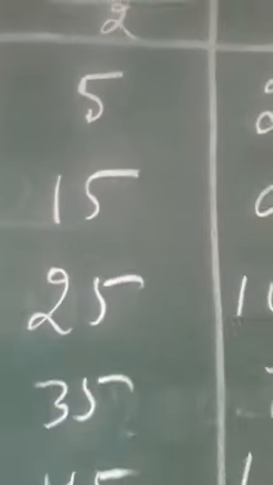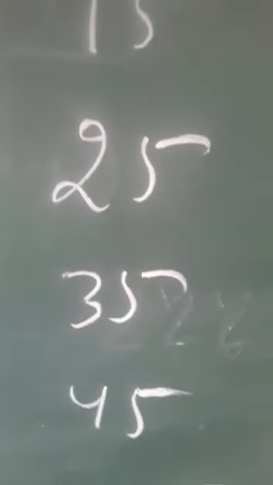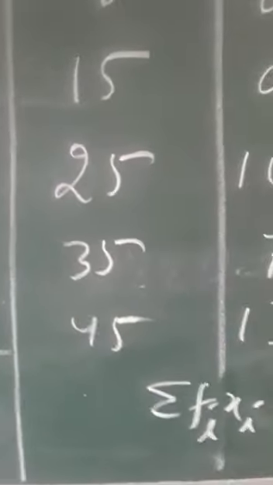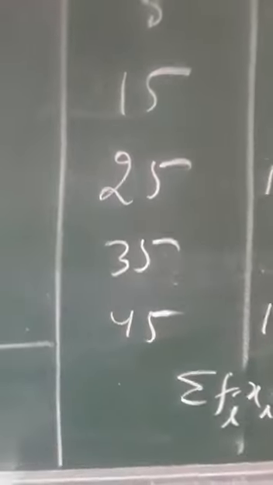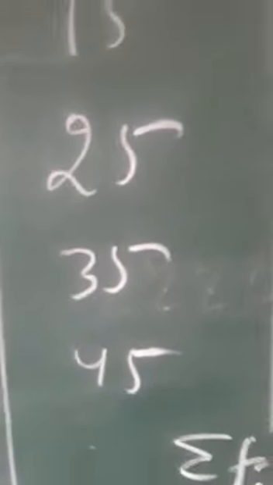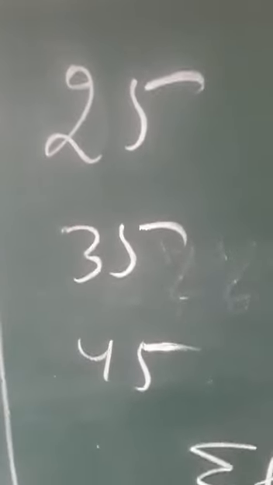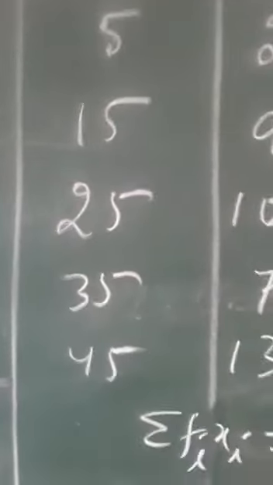The first class mark was 5, so by adding the class size 10, we obtain the next class mark, 15. Then we can obtain the consecutive class marks, that is the values of xi, by adding 10 to the previous term. 15 plus 10 gives the next value, then 25 plus 10, and 35 plus 10 gives the last value. So by simply calculating the first value, you can obtain all the corresponding class marks.